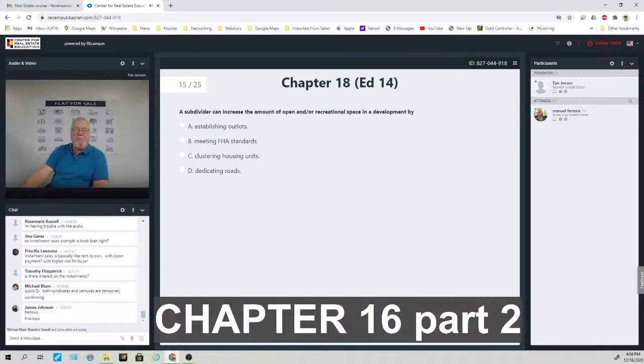Number 15, a subdivider can increase the amount of open net or recreational space in a development by doing what?